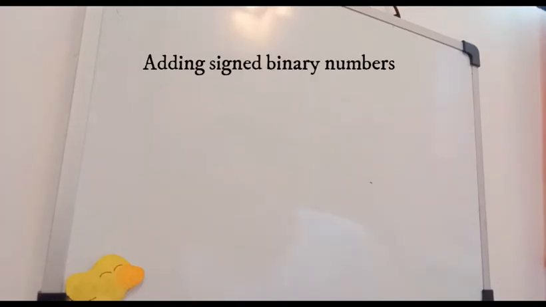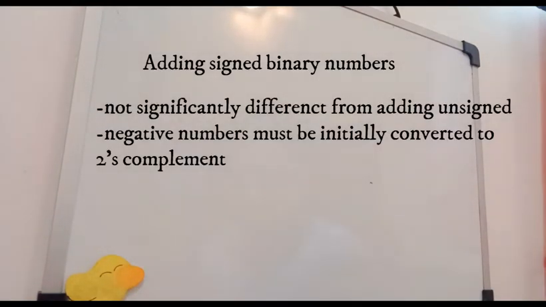Okay, so we're going to proceed to adding signed numbers. But before I start giving examples, I just want to note two important things. First, adding signed numbers is actually not significantly different from adding unsigned numbers.